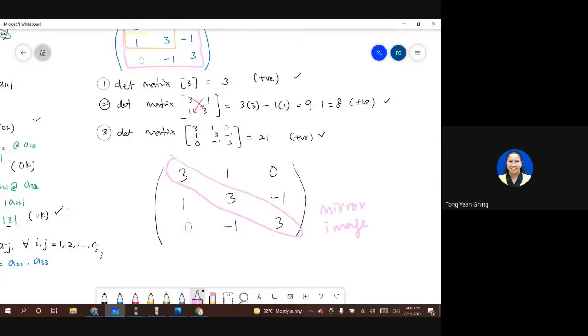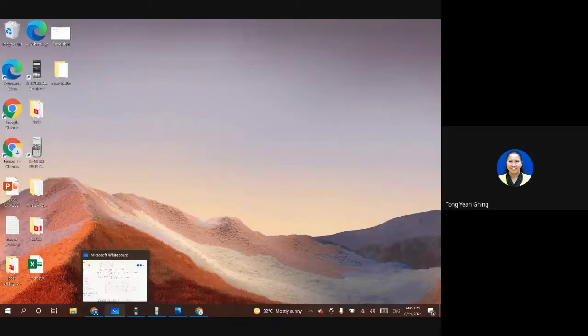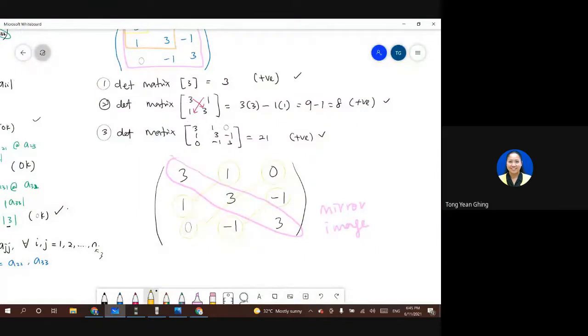This value has to be the same as this value, and this value the same as this value, and this value the same as this value. If we fold along the diagonal line, it should be a mirror image. So this matrix is considered a symmetric positive definite matrix.